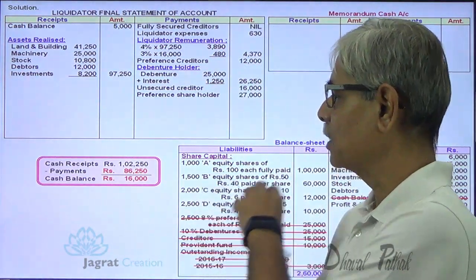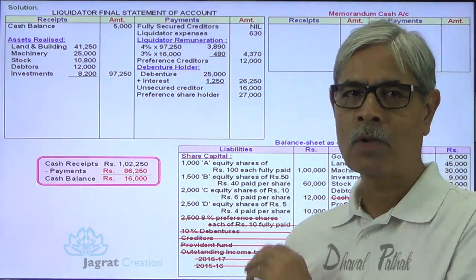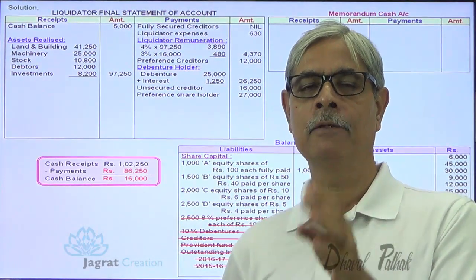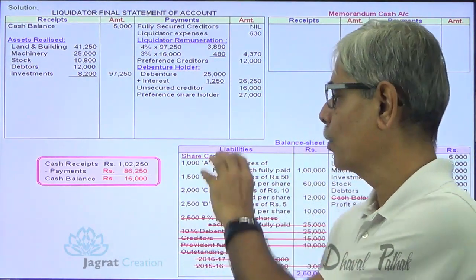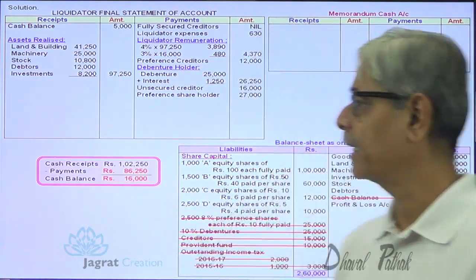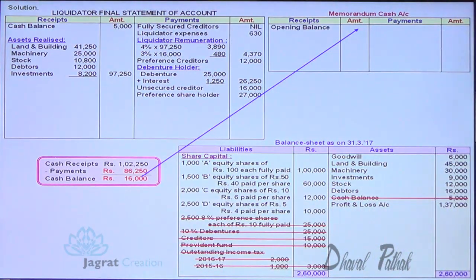Now, for the purpose of finding out the amount to be realized as last call from some categories of shareholders and the amount to be refunded to some categories, I prepare one working note known as memoranda cash account. In this memoranda cash account, I write down the cash balance 16,000.